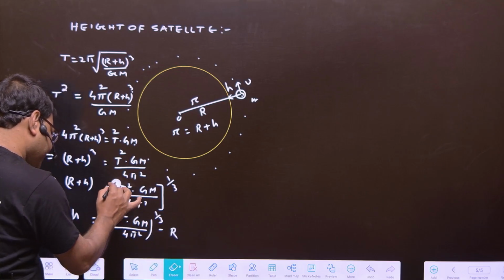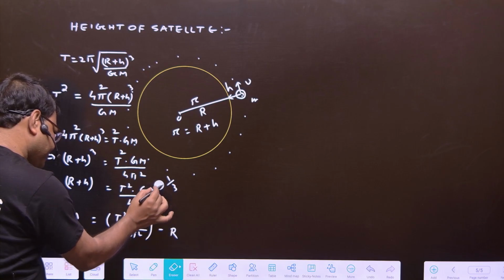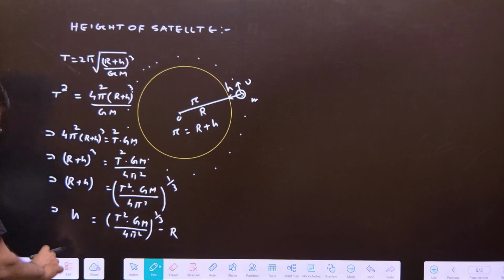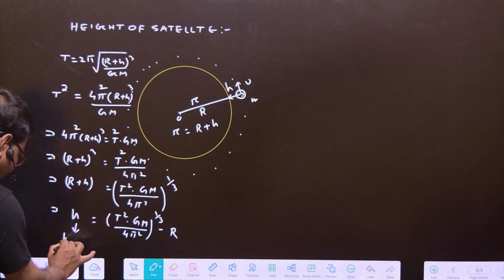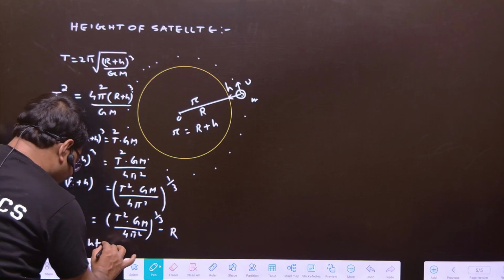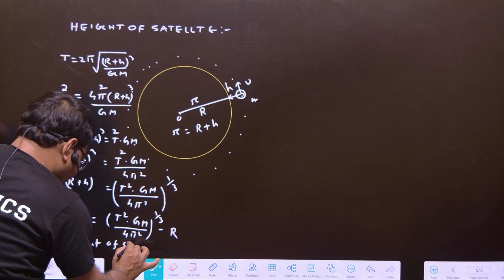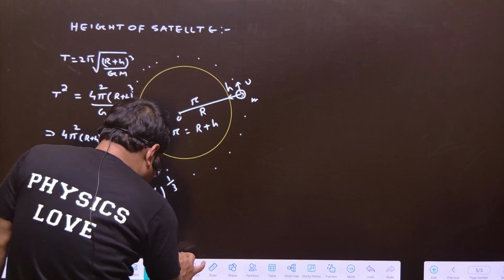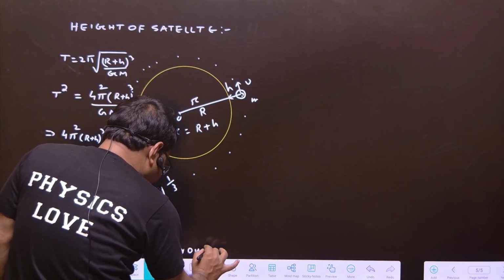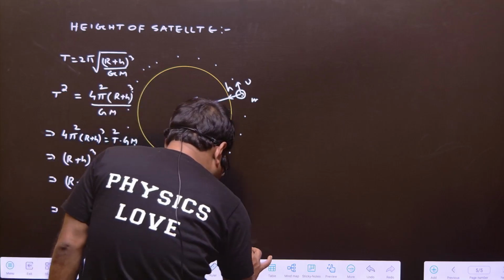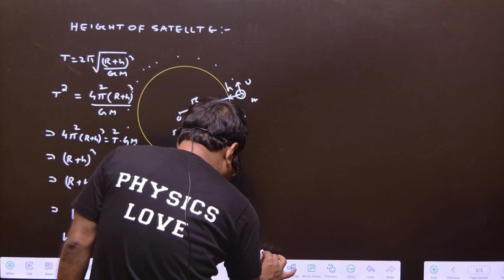Now see here. We have got this expression for the height of the satellite. This is h, meaning height of the satellite from the surface of the Earth.